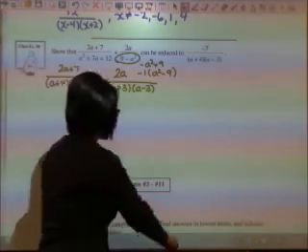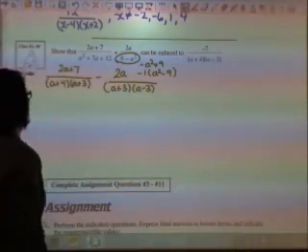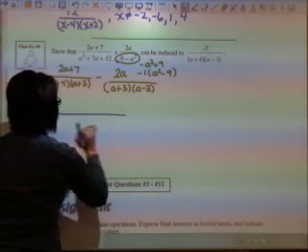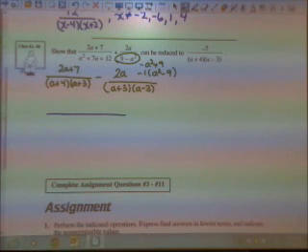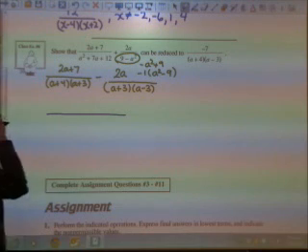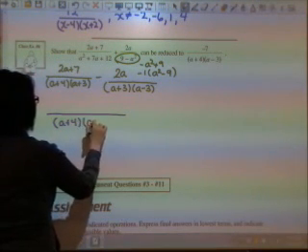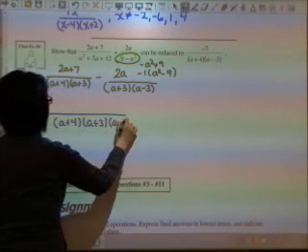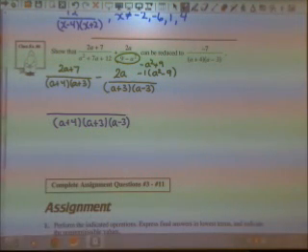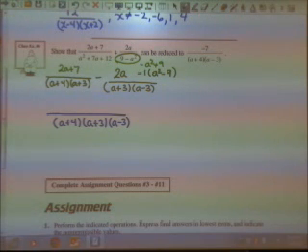So now I can identify my common denominator. What would my common denominator be? So a plus 4 times a plus 3 times a minus 3. So what do I have to multiply the 2a plus 7 by?